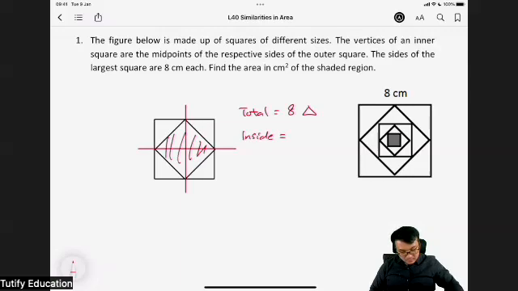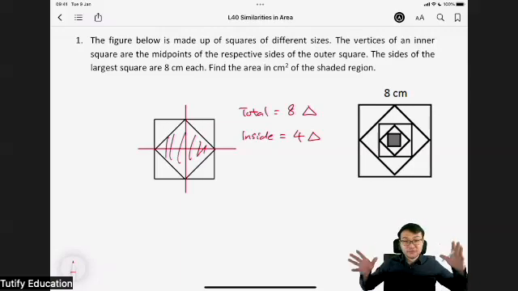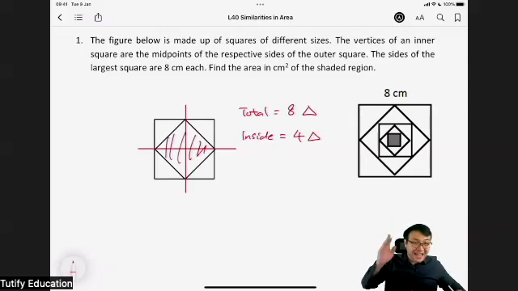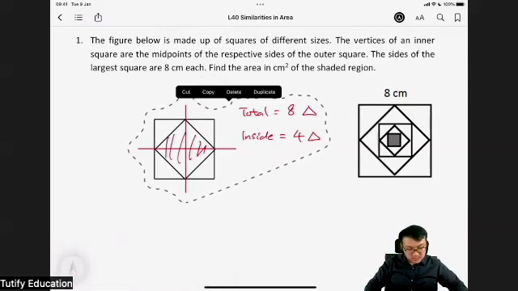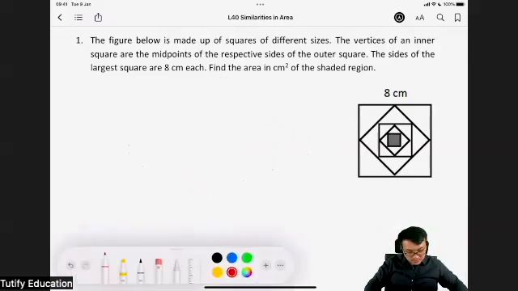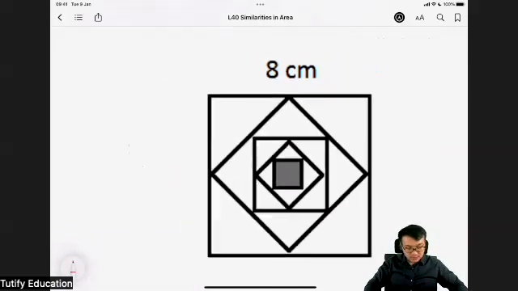The 4. 4 triangles. Correct. Therefore, we can say that if I have a small square inside a big square, the small square is half of the big square, right, Maximus? Yeah.